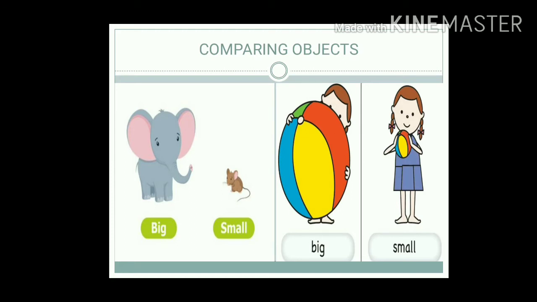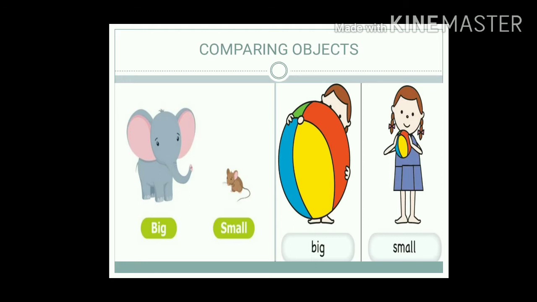But in the second picture, children, the girl is holding the ball, right? That means the ball is smaller here, isn't it? So from these two pictures we can see that in the first picture the ball is bigger and in the second picture the ball is small, right, children?